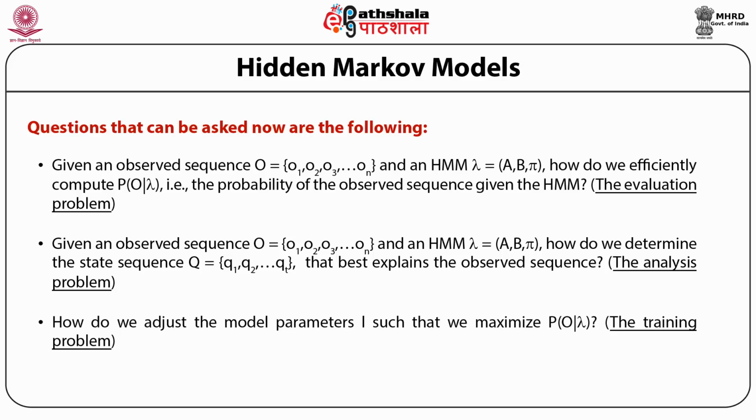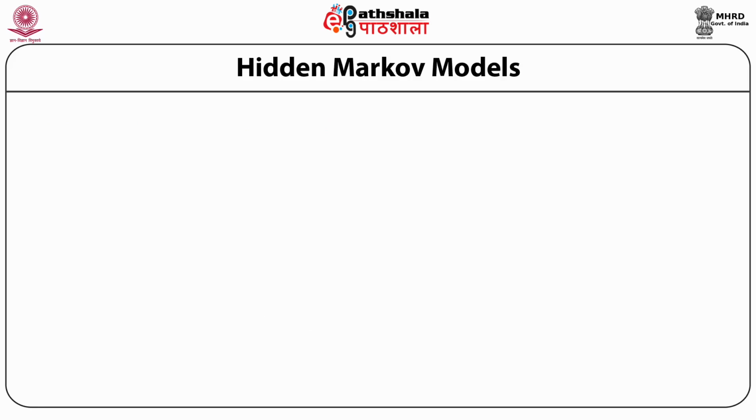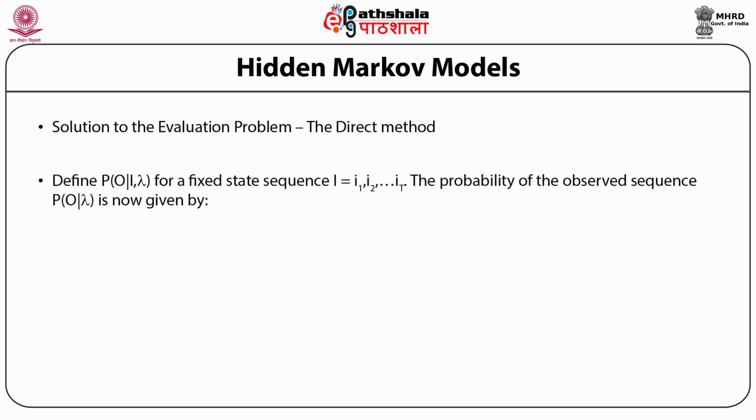So in the next few slides, I will try and tackle each of these questions in order. Let's try to solve the evaluation problem. Let me define the probability of having the observed sequence given by a hidden Markov model lambda, which has the following state sequence I, again comprising I1, I2, till IT.